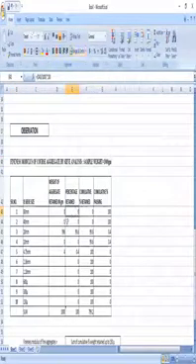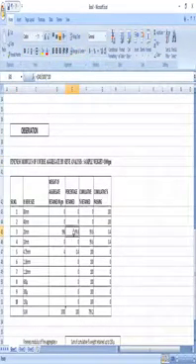Then percentage retained is calculated by weight retained divided by total weight into 100. For the first two it is 0. Then 996 divided by 1000 into 100 is 99.6.